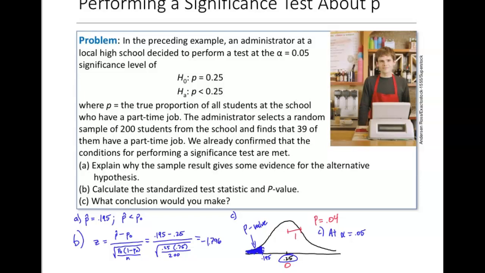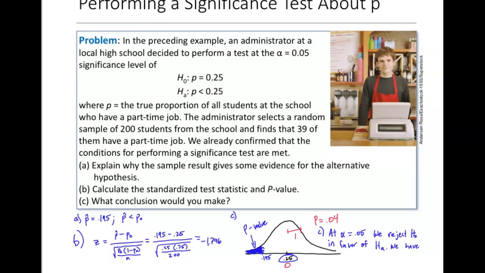Yeah, it's below alpha. So at alpha equals 0.05, we'll say we reject H null in favor of HA. So that's your first sentence. It's a 2-sentence conclusion. You just abstractly either reject the null hypothesis or fail to reject. The second sentence, you state it in context.